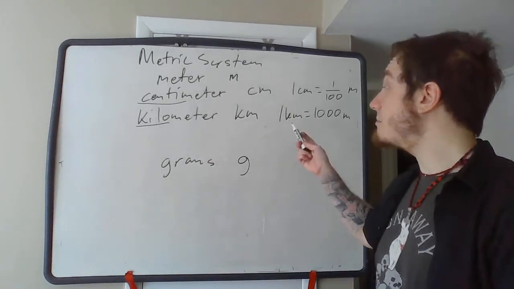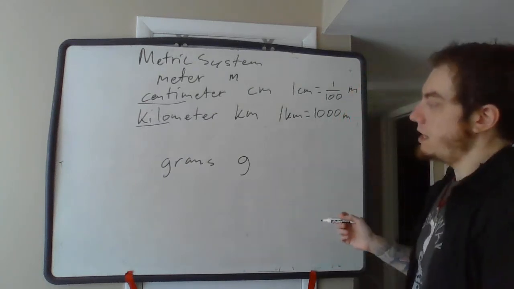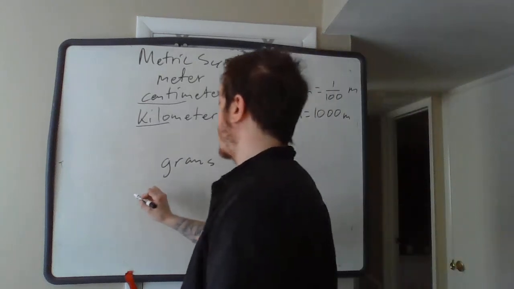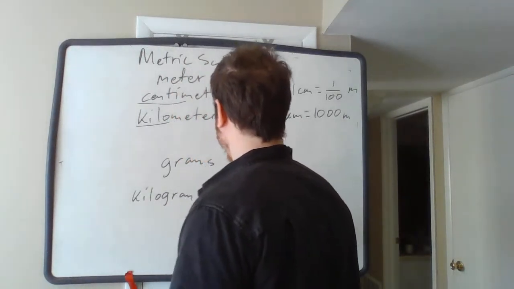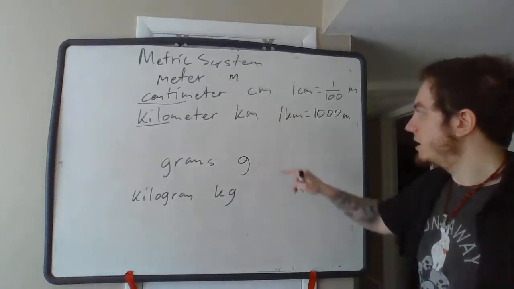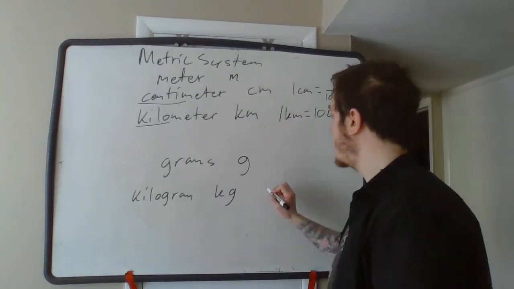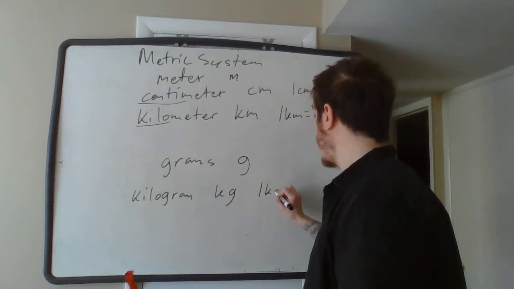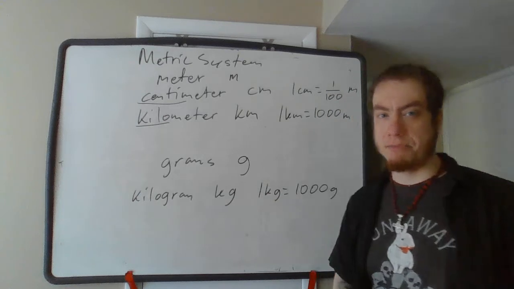But grams is how people in the metric system measure mass. But you've probably heard of the kilogram, which is represented with kg, just like kilometer was represented with km. And 1 kilogram is equal to 1,000 grams.